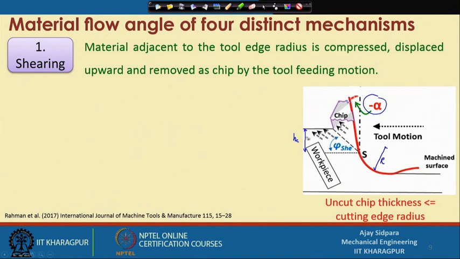So, whatever material is coming from here in this direction, that is opposite to the tool motion. So, material adjacent to the tool edge radius is compressed. So, this is the cutting tool edge radius.